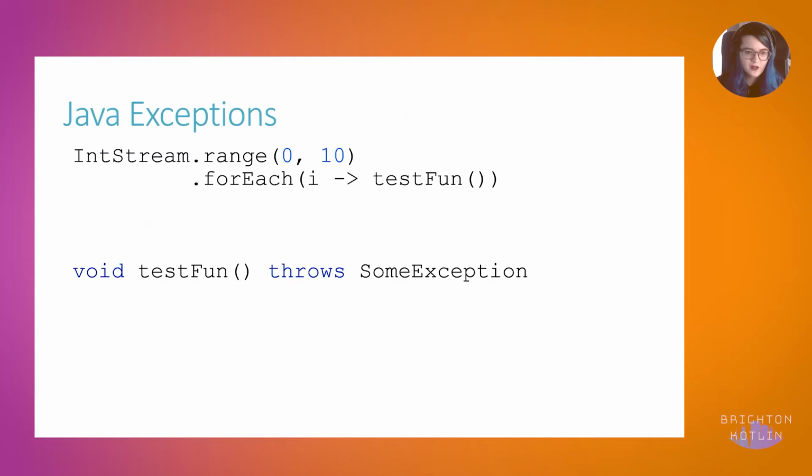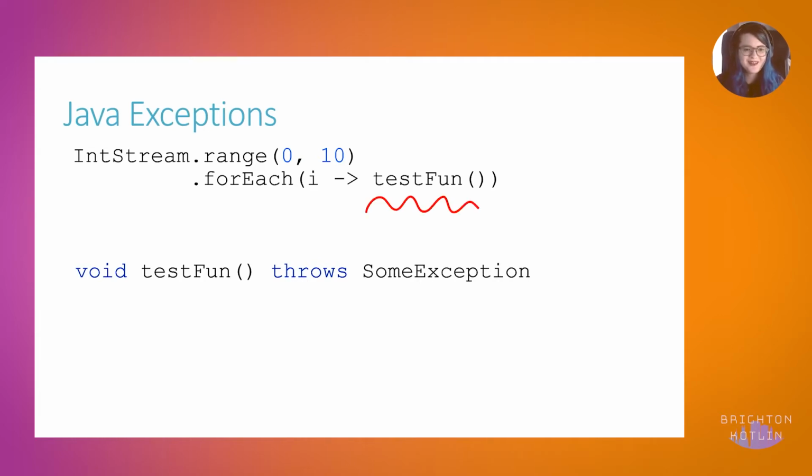Let me show you. Imagine we want to run a test function that throws some exception multiple times using Stream API. You will write something like this, and it looks great. But to be honest, this won't work. Why? Because our test function throws an exception, and this exception is checked.